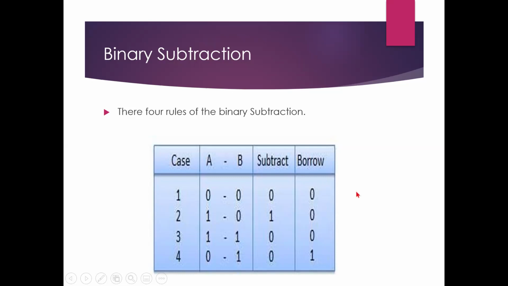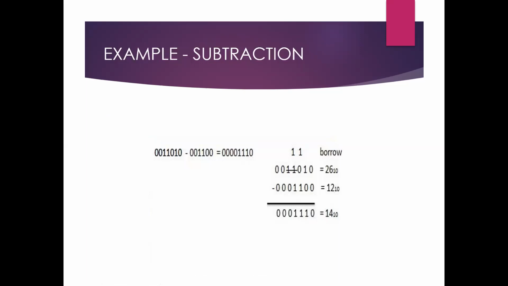Having known that, let's look at one example of this subtraction. Subtract this binary value from this value. So you take the first value here, 0, 0, 1, 1, 0, 1, 0. From that, you need to subtract this 0, 0, 1, 1, 0, 0. Just to balance the digits, you can have another 0 here.